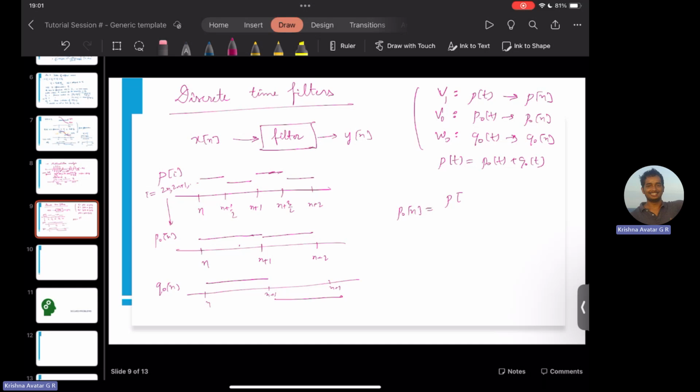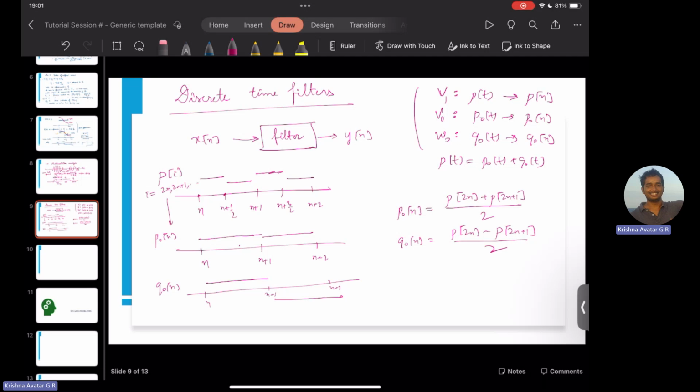So we'll have P naught of n equal to P of 2n plus P of 2n plus 1, divided by 2. And Q naught of n will, of course, be equal to P of 2n minus P of 2n plus 1, divided by 2. I think with this, you get the idea of what we are trying to say.